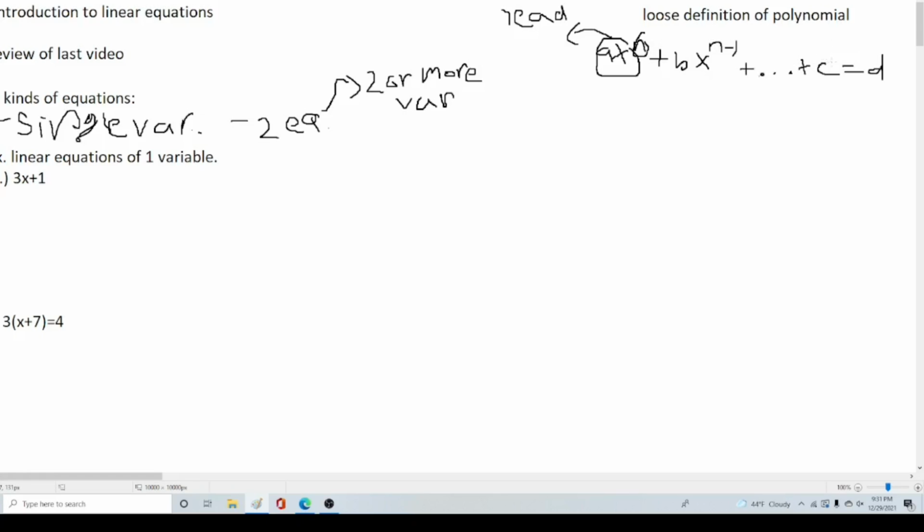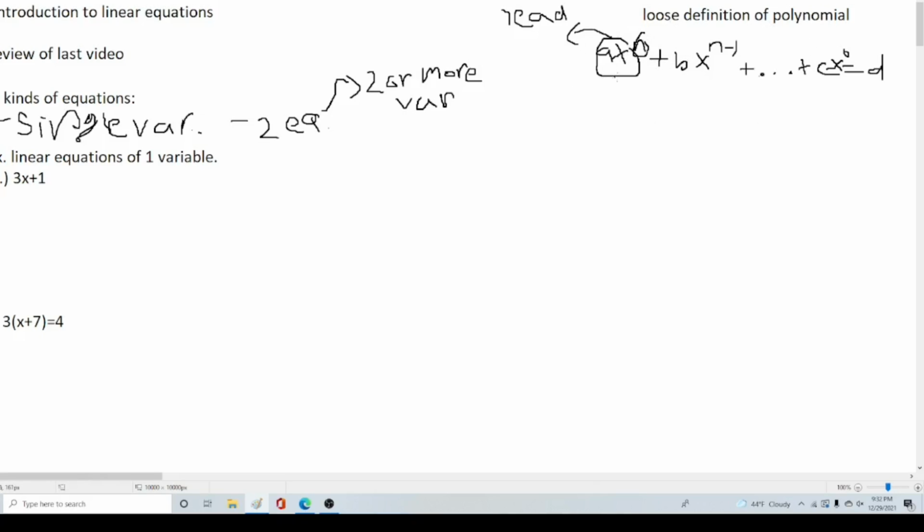So the c term is x to the 0 power, which is 1. And we say it's going to be equal to some number. It could be equal to another polynomial, but what I'm getting at here is that the simplest case of equations is a polynomial in this form.